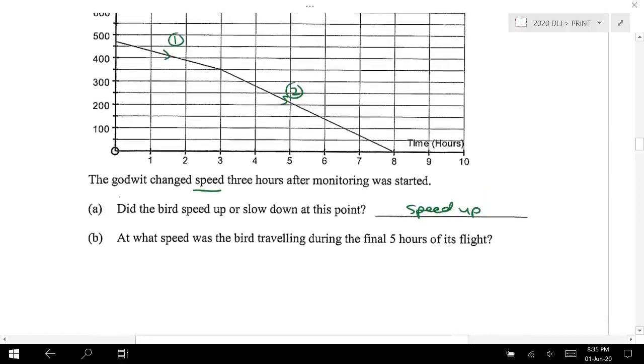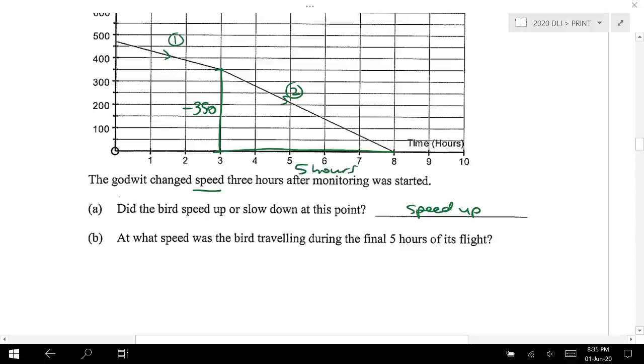Okay, well, you can get that basically directly from drawing a triangle onto the graph. On the rise, we have dropped from 350 all the way to 0, so that's a negative 350 rise. And in terms of time, we've got 8 minus 3, so there's 5 hours down there.